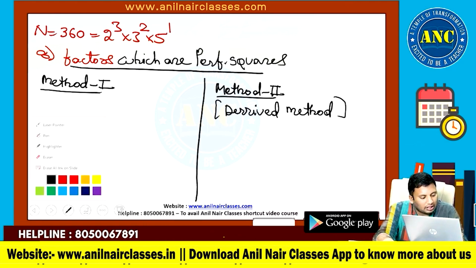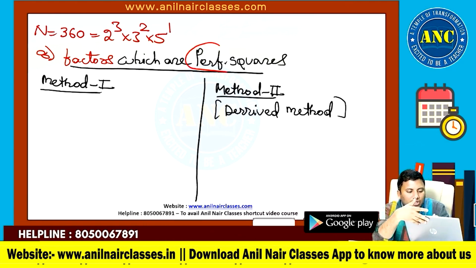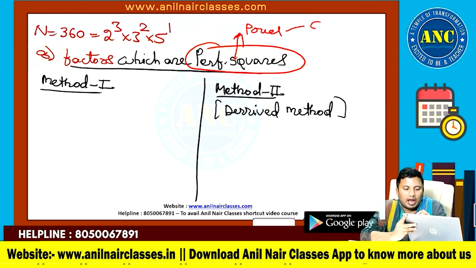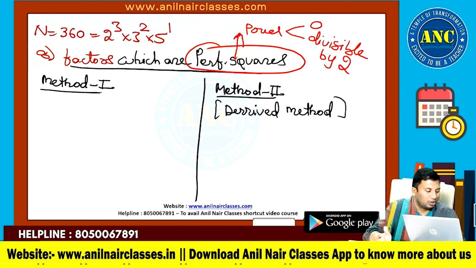The important keyword in this question is perfect square. What do you mean by a perfect square? Perfect square means the power should be either 0 or divisible by 2. If the power of any natural number is either 0 or divisible by 2, then the number is called a perfect square.